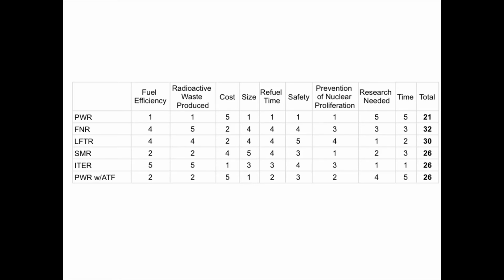And then the small modular reactor, while very similar to the pressurized water reactor in many ways, making it just as wasteful and sometimes just as dangerous, does have a very niche use that would be very useful for smaller communities and areas that can't support large nuclear reactors. So I do believe that the fast neutron reactor, the liquid thorium fluoride reactor, and the small modular reactor all have places and uses in the future, with the pressurized water reactor with accident-tolerant fuel kind of holding us off until then.